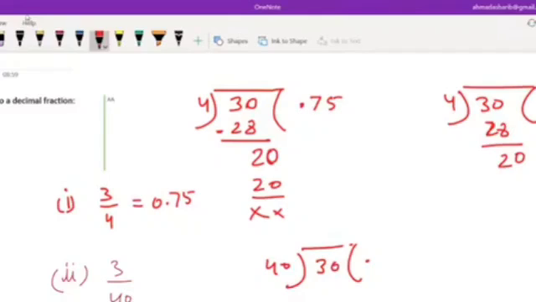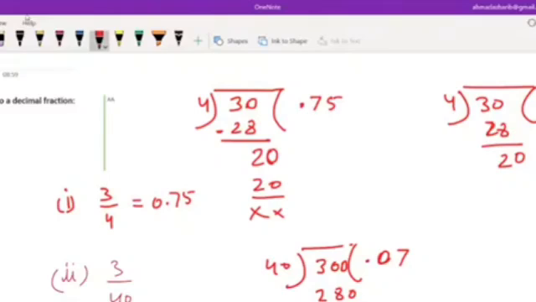Now still the 30 is smaller than 40, so you can increase 1 0, and here you can write one more zero, so 300 now. Okay, so it will go how many times? 7 times. 4 7s are 280. Okay, and 20 is the remainder.